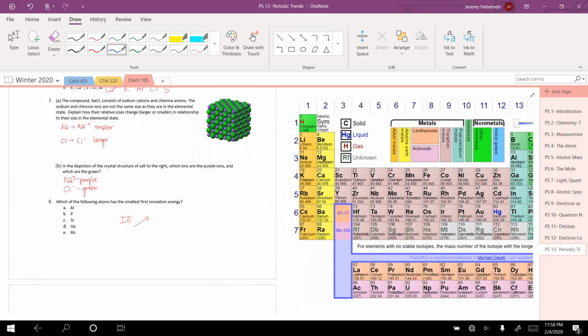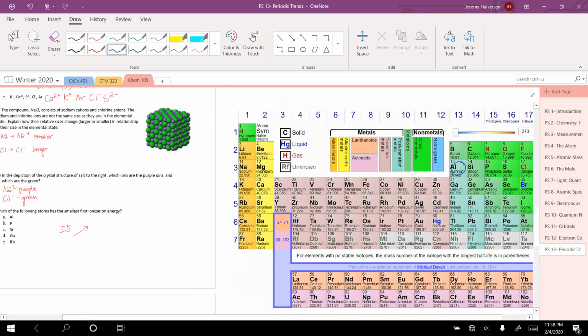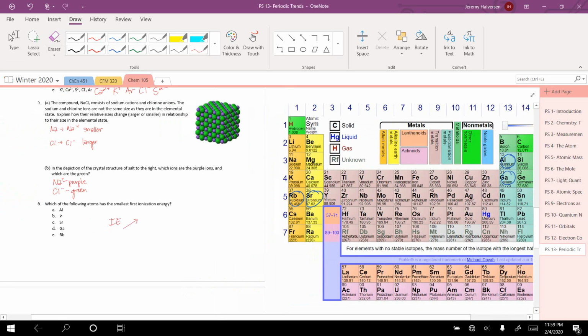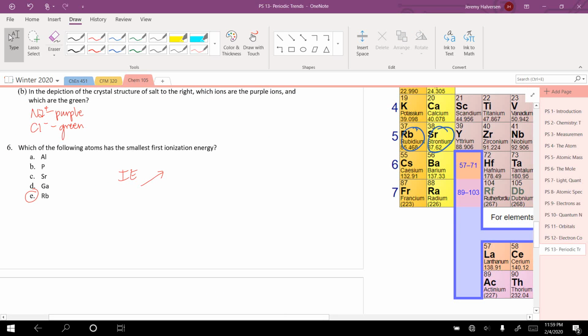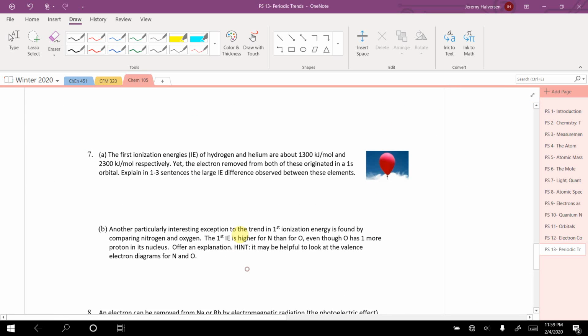So we've got aluminum, phosphorus, strontium, gallium, rubidium. So which has the smallest? Smallest is going to be down to the left, so that's going to be rubidium. Awesome.